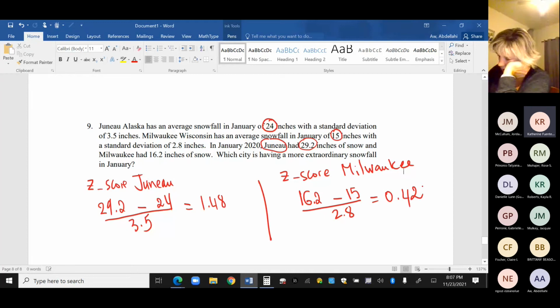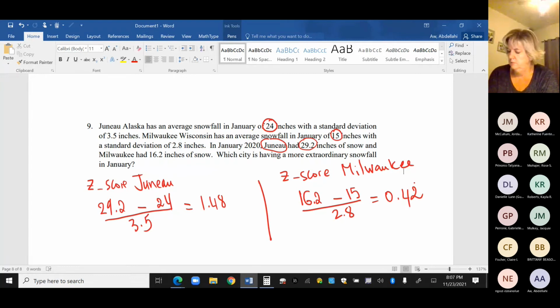Yes. Obviously, Juneau, Alaska, is having a more extraordinary snowfall in January because that number, 1.48, is bigger than 0.42. In this case, even the snowfall itself is bigger, it's 29.2, right?